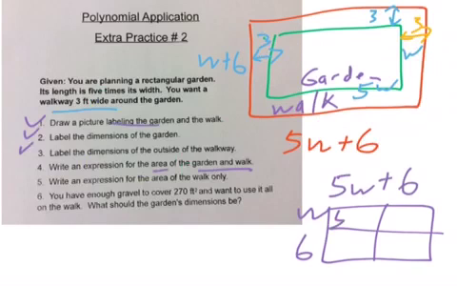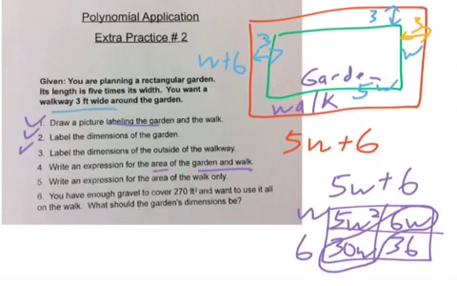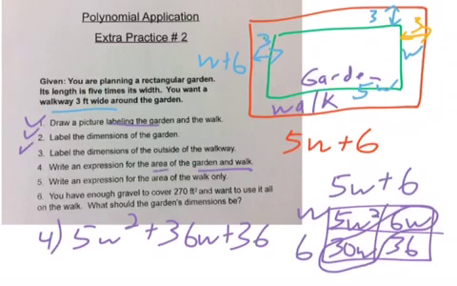And showing my work, I get 5W times W is 5W squared, 5W times 6 is 30W, 6 times W is 6W, and 6 times 6 is 36. And my diagonals are my like terms. So that answer for 4 is going to be 5W squared plus 36W plus 36.